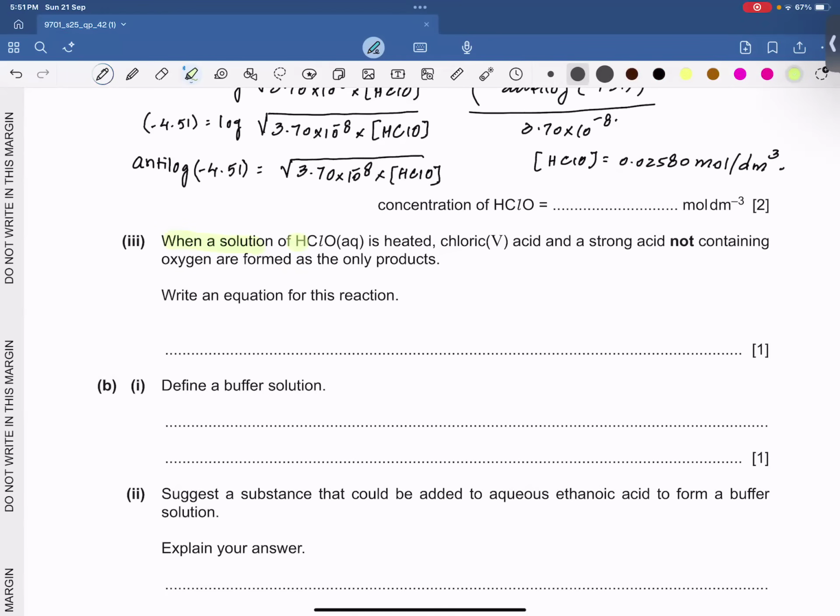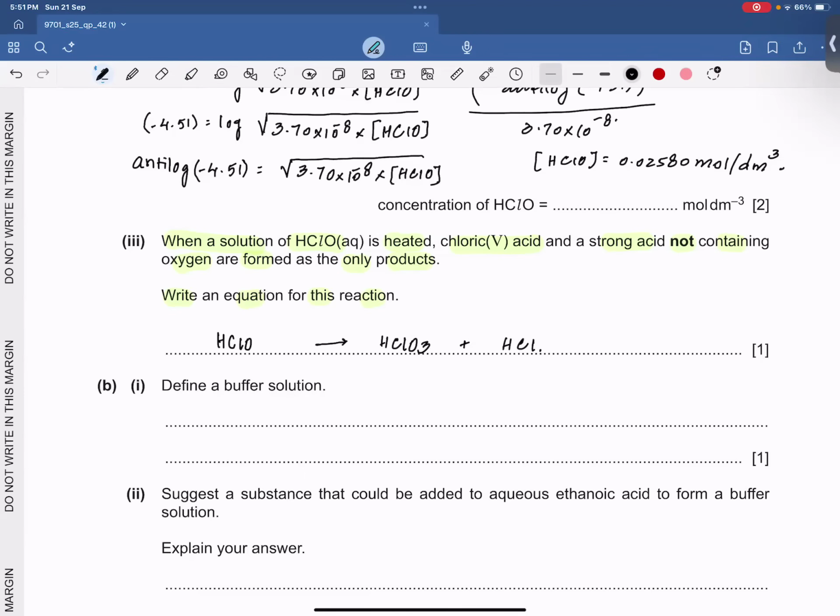When a solution of HClO, that is chloric 1 acid, is heated, chloric 5 acid and a strong acid not containing oxygen are formed as the only products. Write an equation for this reaction. Now, chloric 1 acid has a formula of HClO. And chloric 5 acid is basically HClO3. And obviously you will get HCl also because this HCl has no oxygen atom.